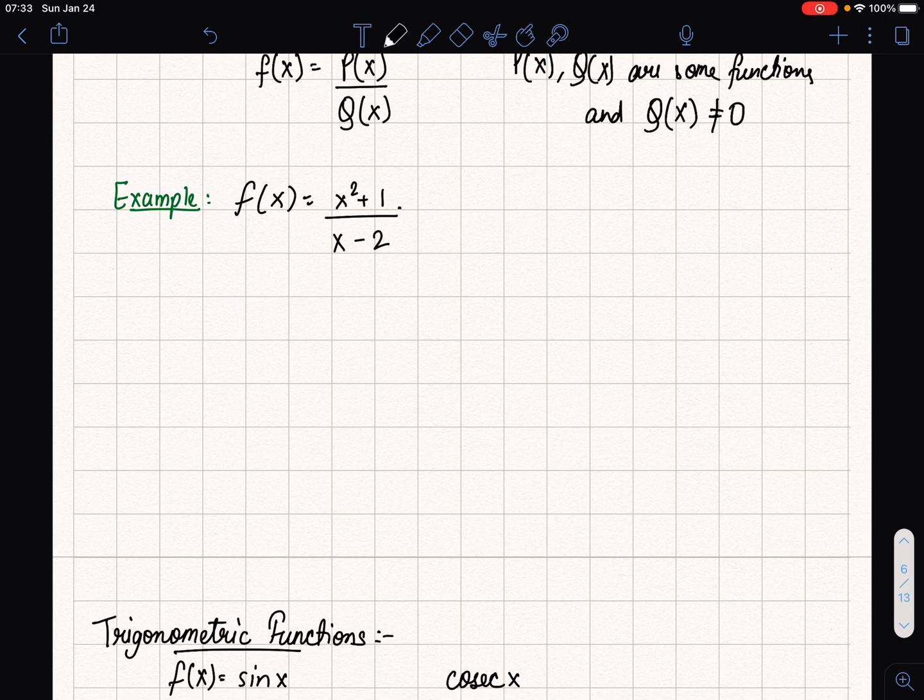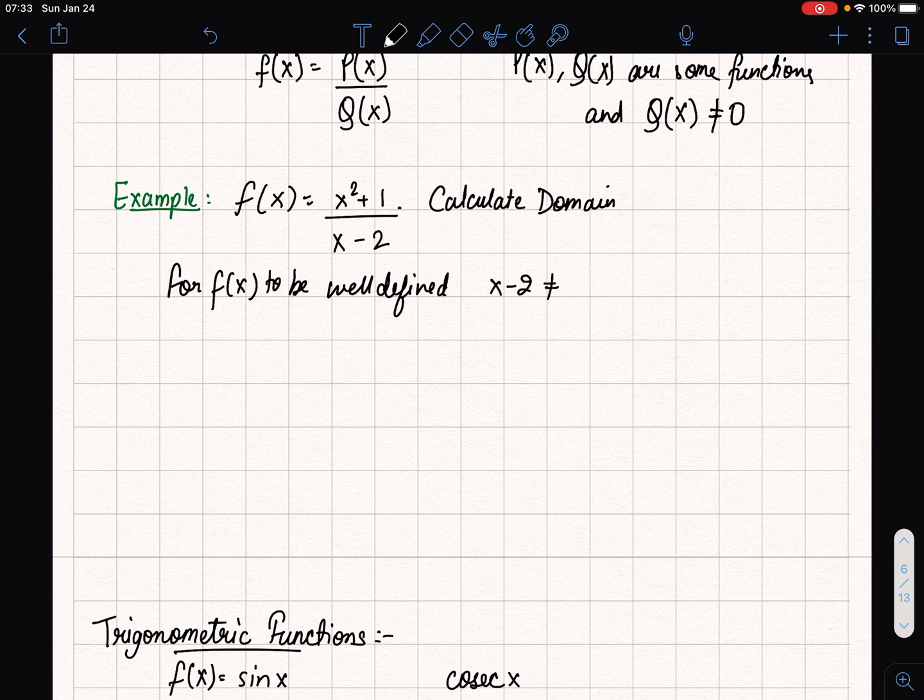Clearly, we have domain issues here. For f of x to be well defined, we want x minus 2 should never be equal to 0, which implies x should never be equal to 2. Therefore, the domain of f should be all real numbers except 2, or minus infinity comma 2 union 2 comma infinity, open on both sides.